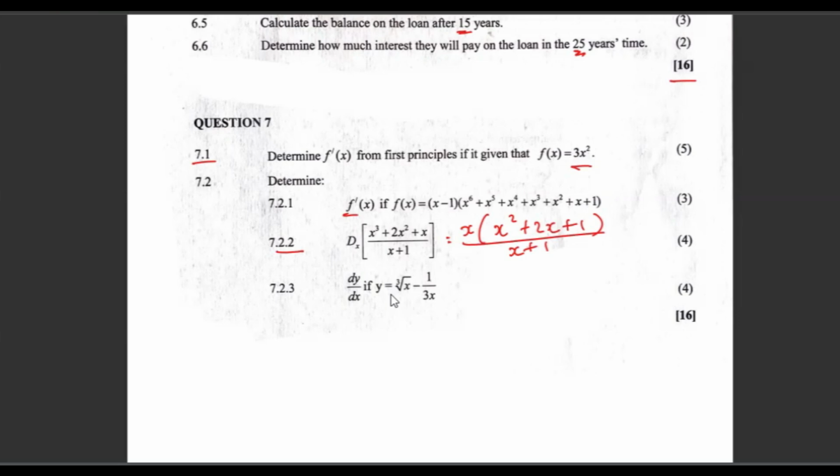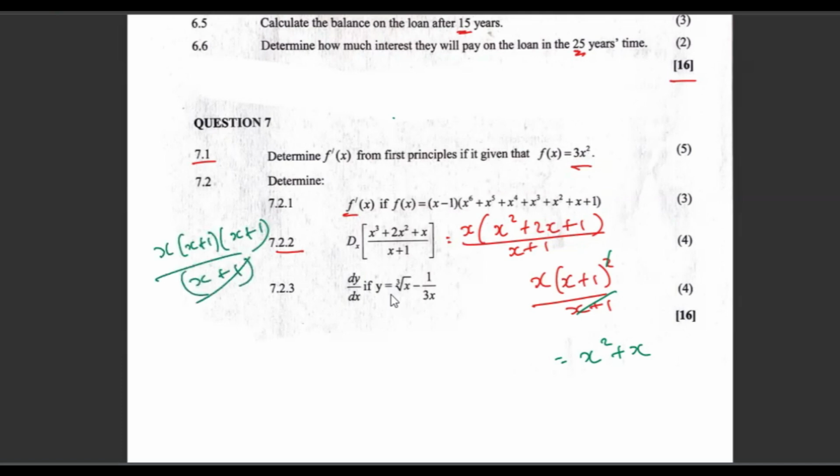So I'll have x into x plus 1 squared over x plus 1. Then we cancel out. This one bracket is killed with that. We shall be left with just x squared plus x. What I mean is that it's going to be x into x plus 1, and x plus 1 over x plus 1. So this cancels that. Open up, we have that. So the first derivative of this is going to be 2x plus 1.